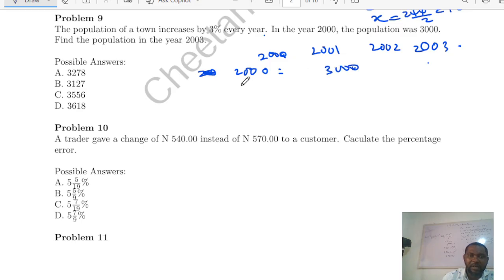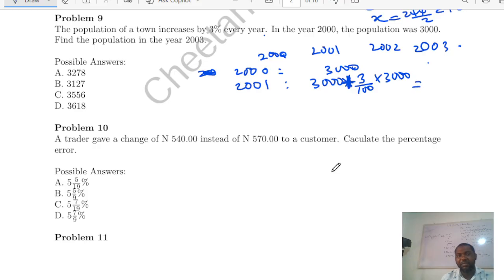Now in 2001, the population will be 3000 times 3% increase. That looks like compound interest. This is compound, obviously, but let me solve it normally before I use the compound interest formula. So this is plus 3 over 100 times 3000.